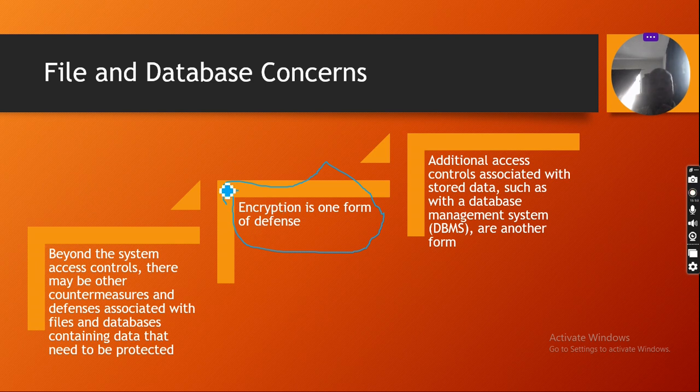Or in this case, you are controlling the access. Okay? So any additional access control associated with stored data, such as with a database management system, are another form. Okay, so you need encryption in order to protect your data and your database and your file. Is that okay?